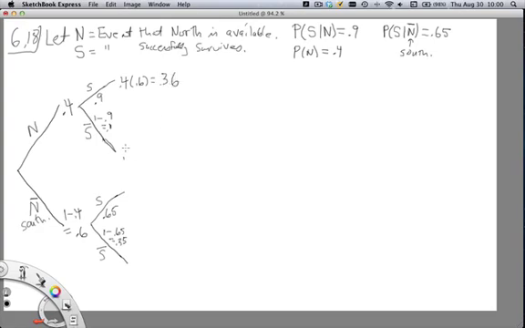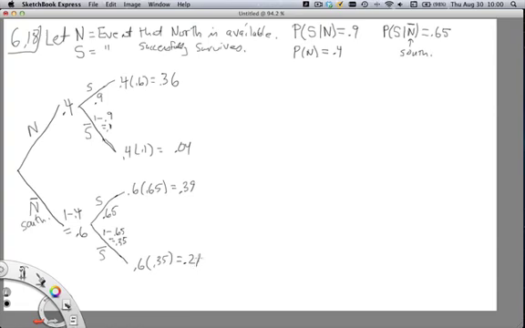This will be 0.4 times 0.1, so we just always multiply across, 0.04. This will be 0.6 times 0.65 equals 0.39. And this is going to be 0.6 times 0.35 equals 0.21.